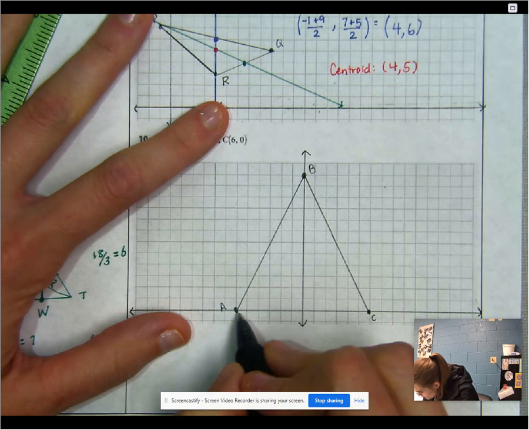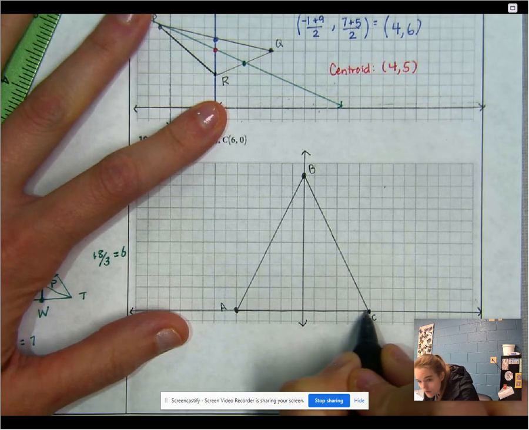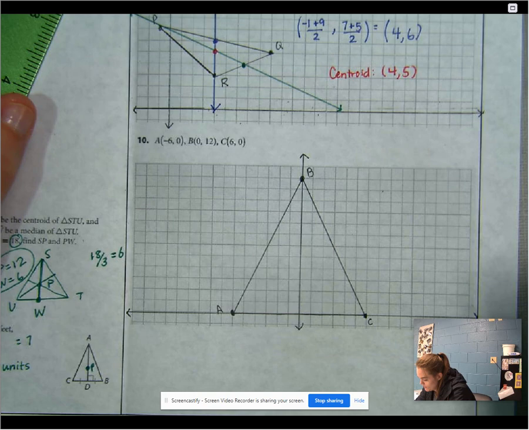Okay, I could connect this, but you know, basically it's... Okay, centroid. Let's find the midpoint.